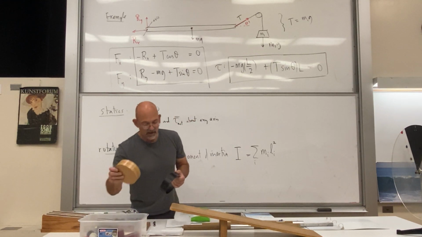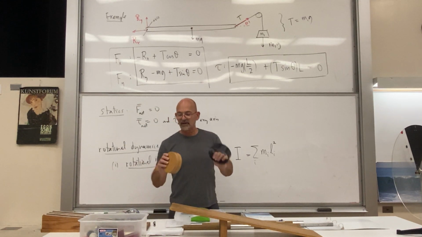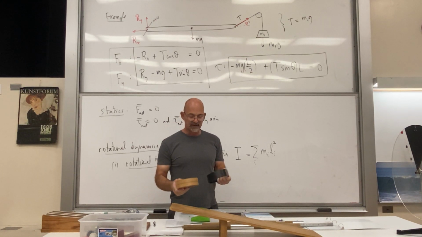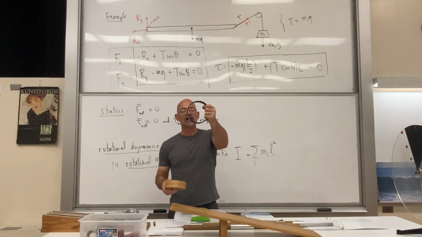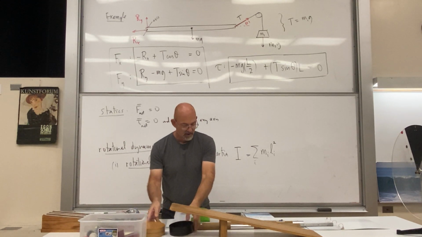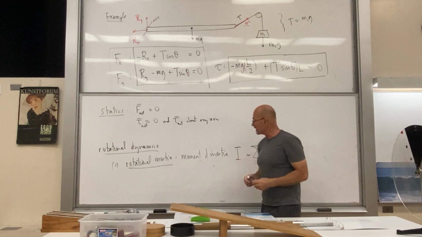Now the first one is a metal hoop versus a wooden disc, and they have the same weight. Now this one has all the mass concentrated on the rim, and this one has a different mass concentration. Now, let's go ahead and write down what we have here.